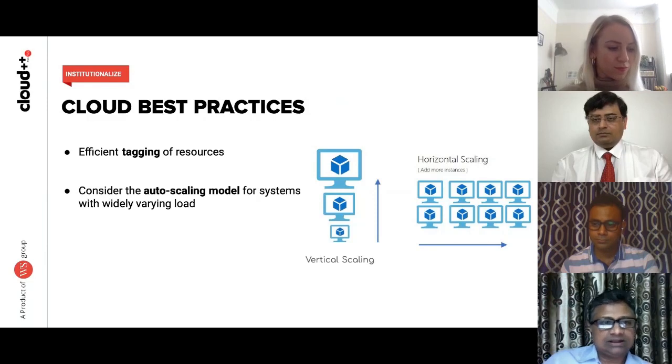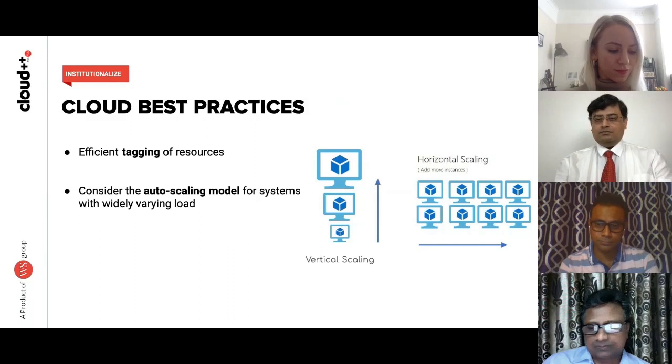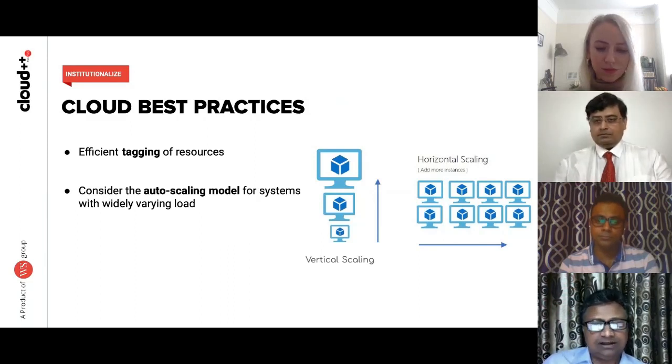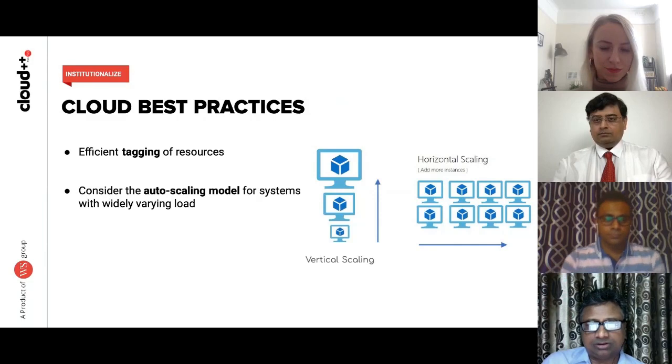So that is good control. The next one, which Suvankar already touched on, is to consider an auto-scaling model. If you have a system with a very varying load, you can go for auto-scaling. Auto-scaling dynamically upsizes or downsizes based on your load, and you pay for what you use.